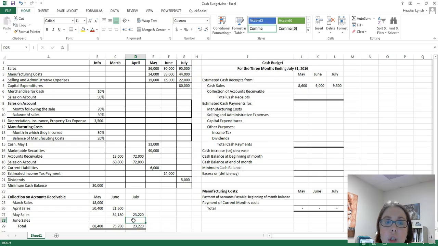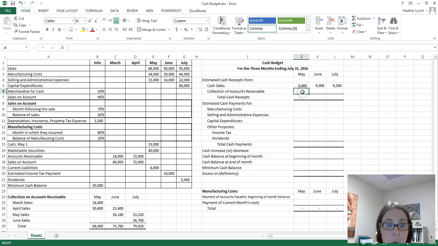Okay, so in July, we're also going to collect some of June's. We're going to do the 90,000 times the 90%, and we're going to be collecting 70% of that.